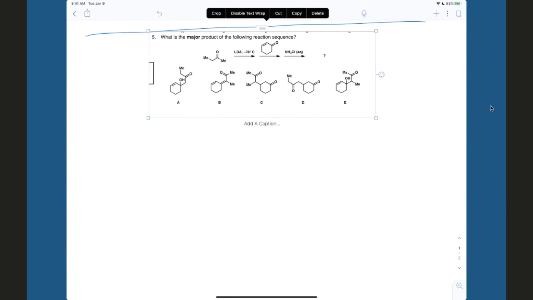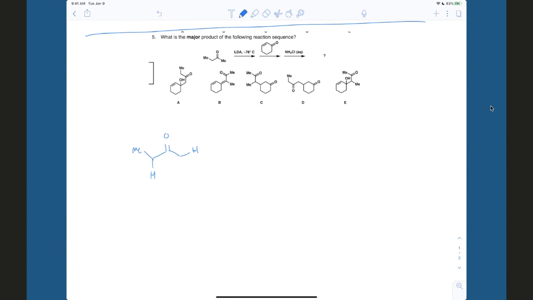All right, so in this first step, we have LDA and a ketone. LDA is our wicked strong base, and so it's going to deprotonate something. It has 2 different choices.